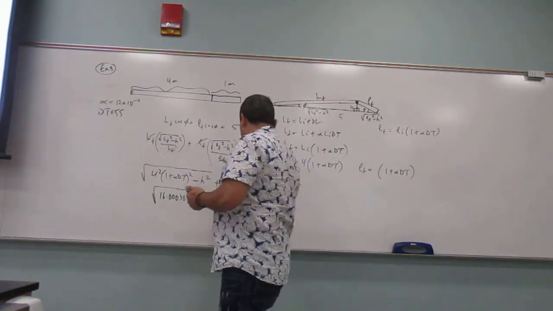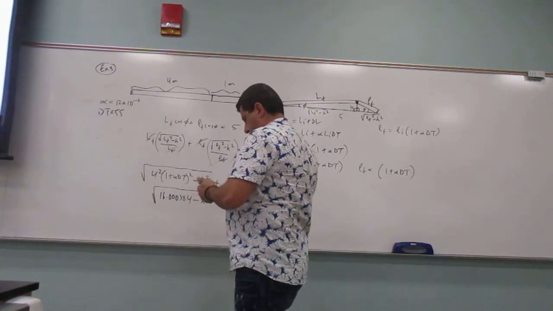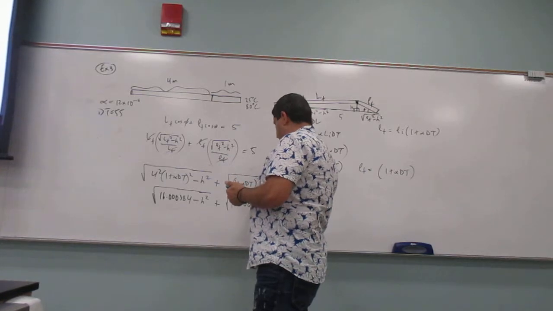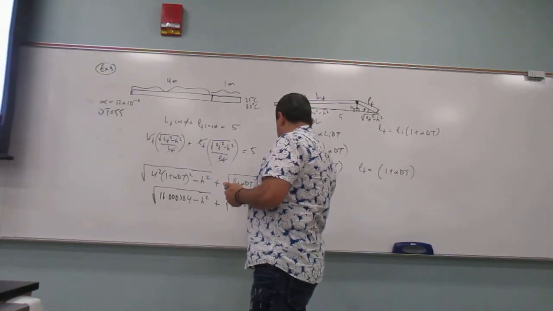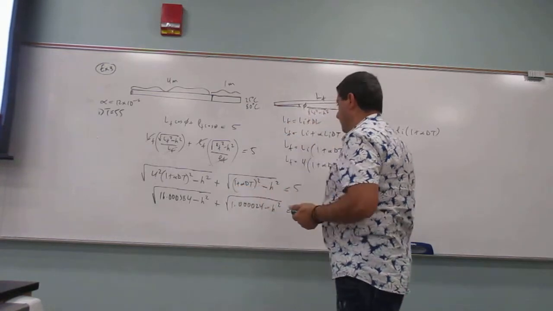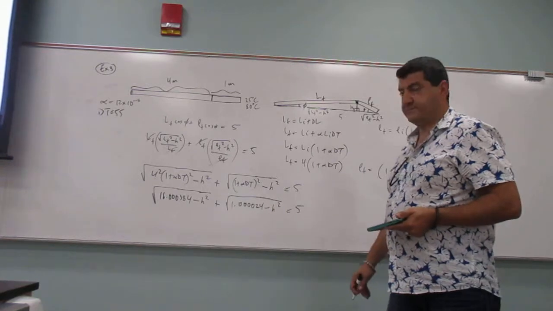The square root of 1.000004024 minus h squared is equal to 5. Then put that in the solver.